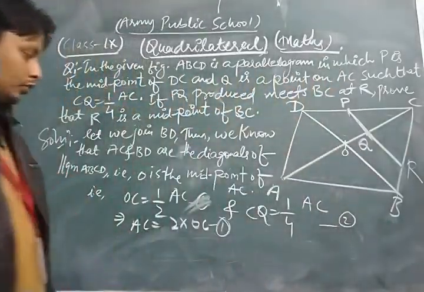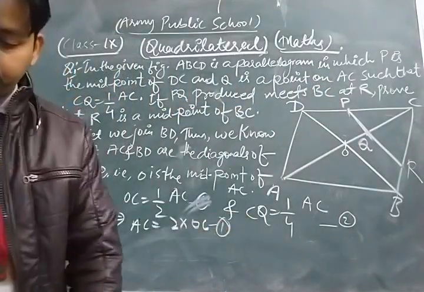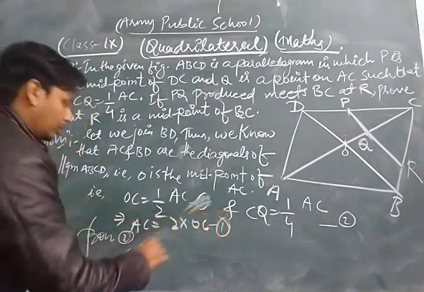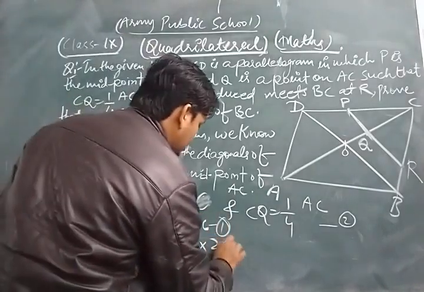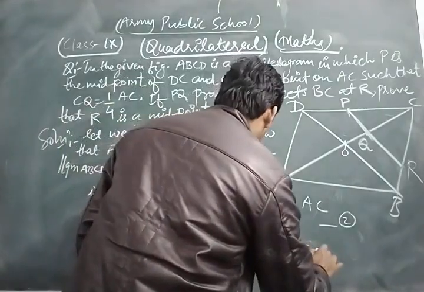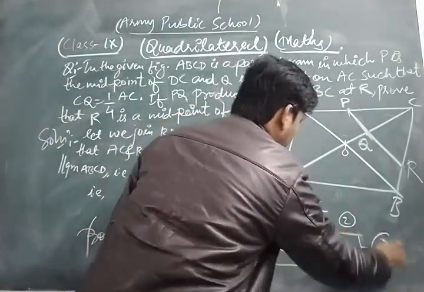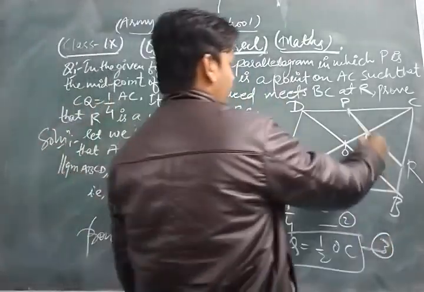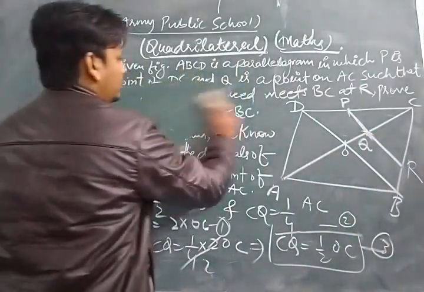Now using equations 1 and 2, we put AC equal to 2 times OC. So CQ is equal to 1 by 4 into AC, which is 2 OC, so we have CQ is equal to 1 by 2 of OC. That is, CQ is equal to half of OC, so we have to show that Q is the midpoint of OC.